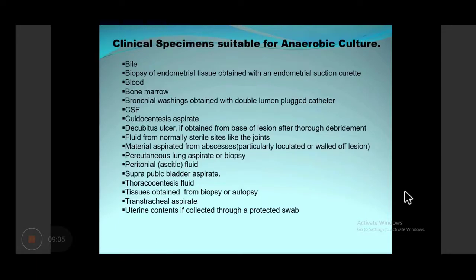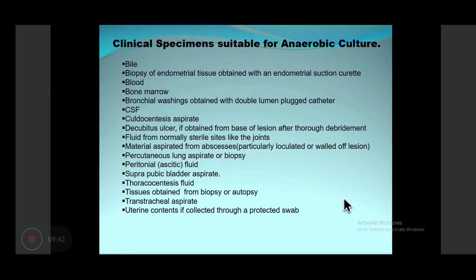See the next slide. What are the specimens here? So there is blood. First and foremost, blood. Second, fluid. If we suspect bone, tissue aspirate, bile aspirate in case of GIT infection, or endometrial tissue or suction curettage in case of endometritis, bronchial washing, or in case of a suspected CNS lesion, if no reason is found like aerobic infection, fungal infection, parasitic infection, then we will look further at the CSF for anaerobic infection.